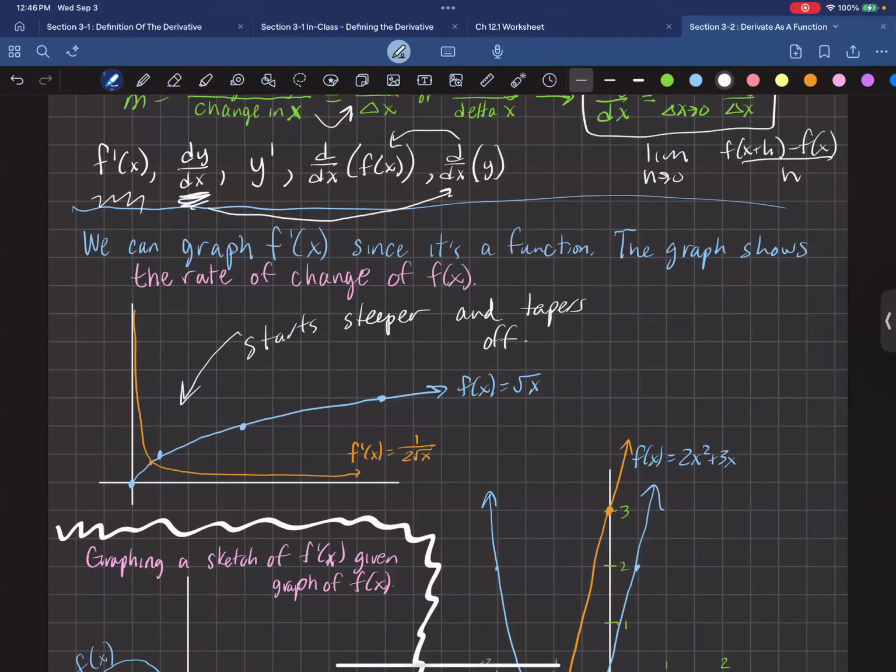And that's for f of x. And when we look at the derivative, it starts steep, but it's decreasing, because the change is decreasing. Delta y over delta x is decreasing.